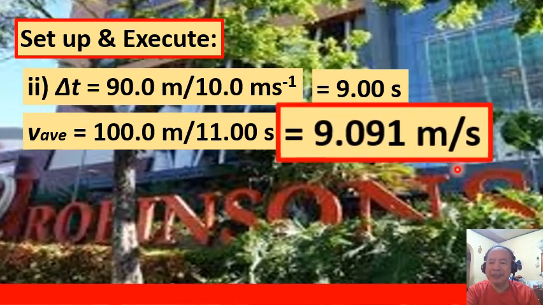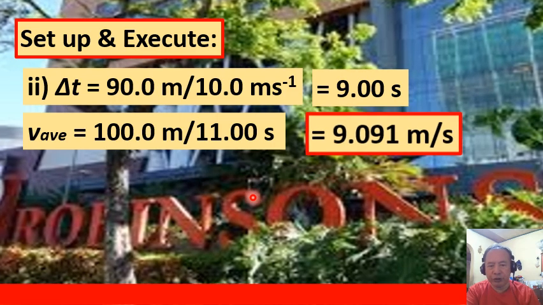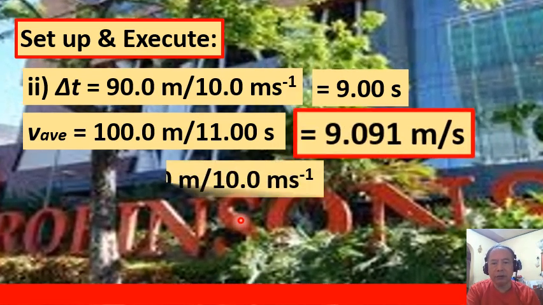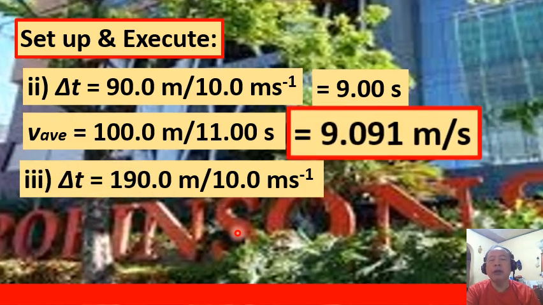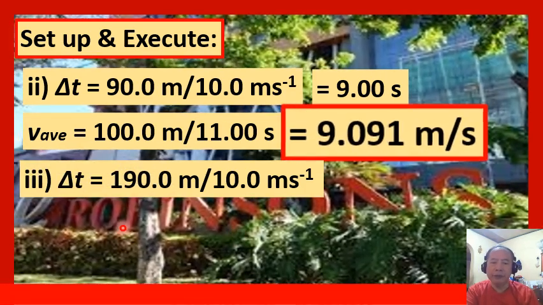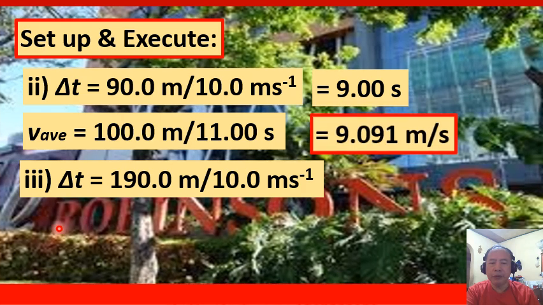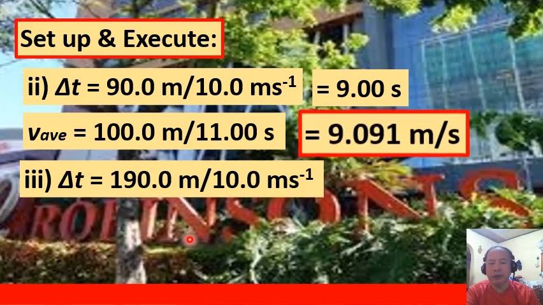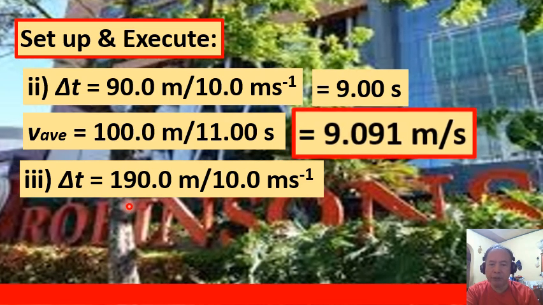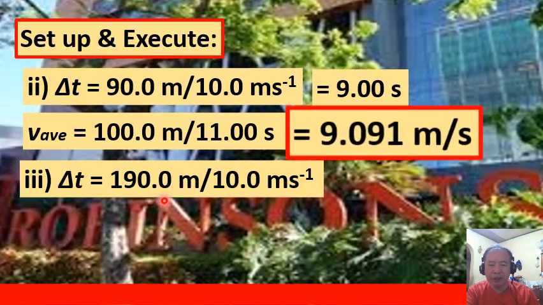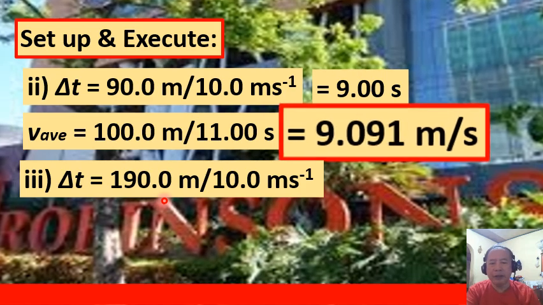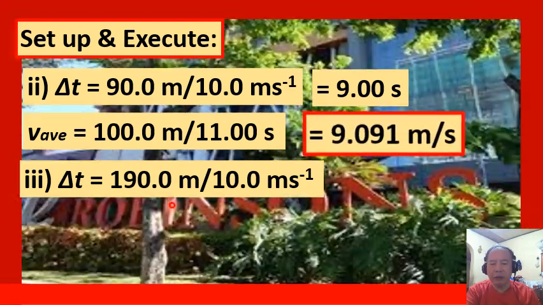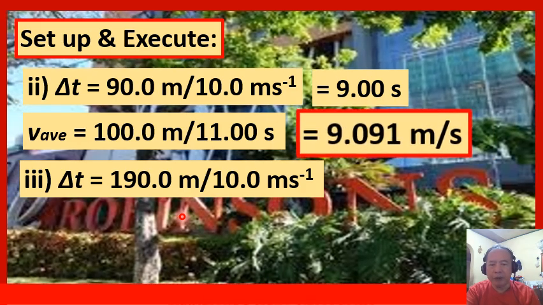And lastly, for the last event, the 200.0 meter run, right? All other factors are the same except for the distance traveled or the particular race, which is the 200.0 meter run.